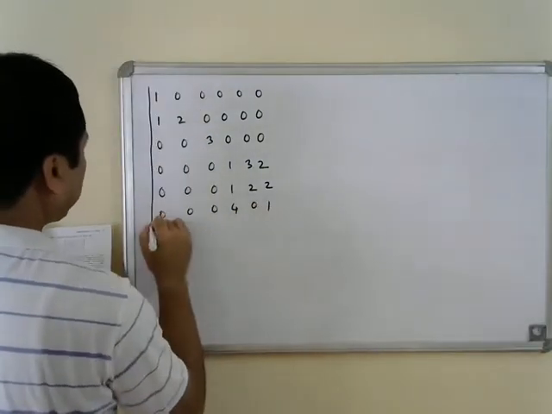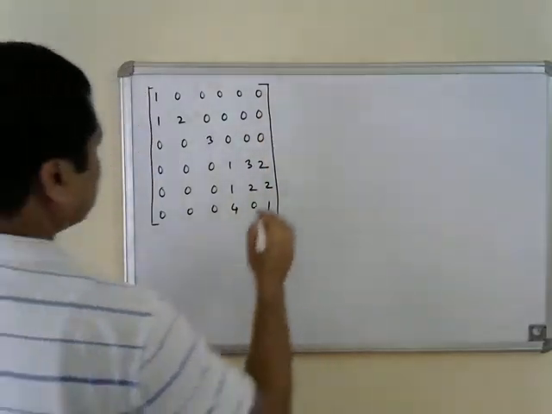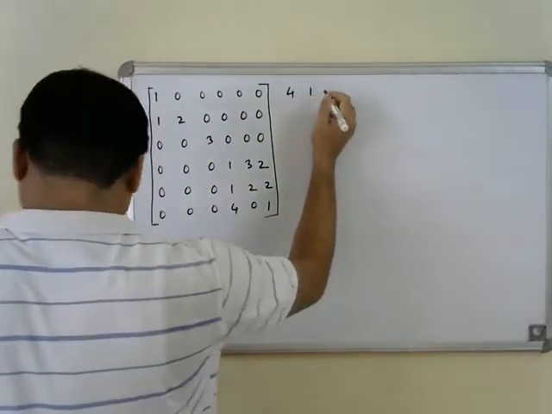So this is the first matrix, and the second matrix is 4 1.